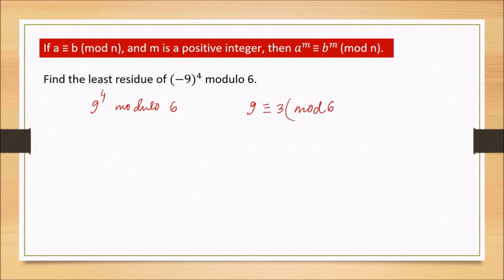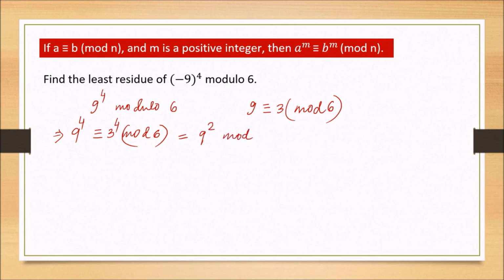So 9 divided by 6, the remainder is 3. So 9 raised to the power 4 is congruent to 3 raised to the 4 modulo 6. 3 raised to the 4 is 81. Instead of 81, I am writing 9 to the power 2 modulo 6.